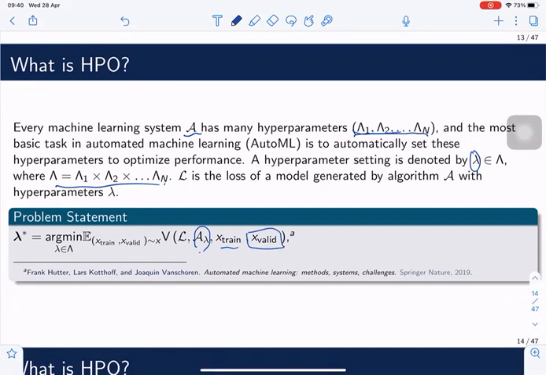And we will get the loss as well, and V here is a measurement of the loss. Our goal is to find the lambda with the minimum loss.